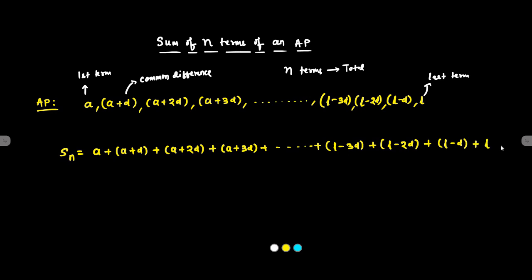So this is the sum of the n terms of the AP. Let's say this is equation 1.